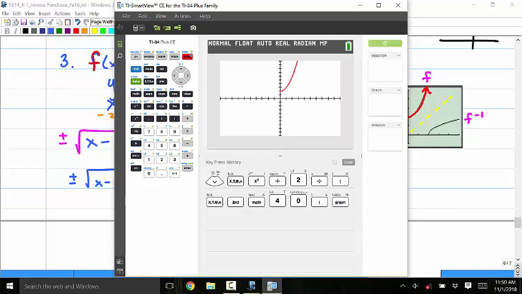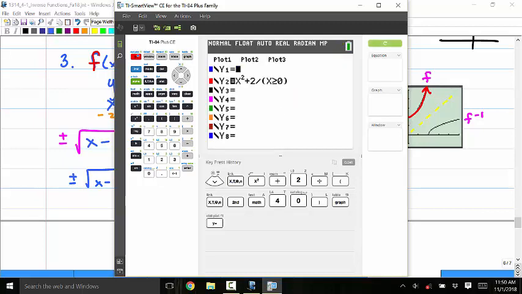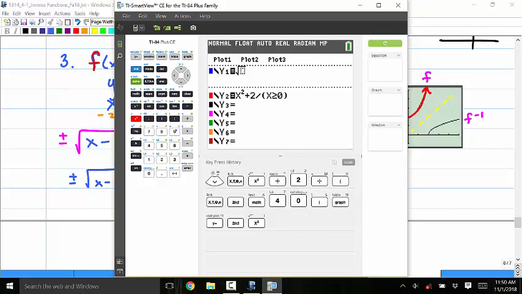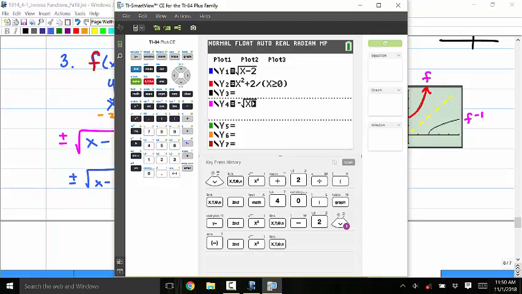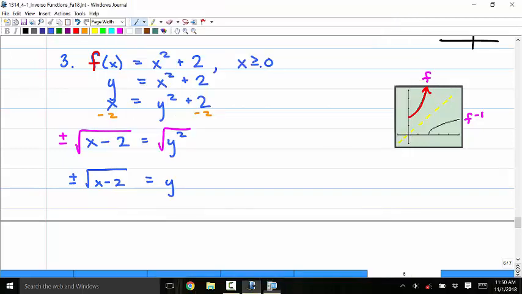Yep, that's what we wanted, right? So now back on your y equals, we want to go graph the square root of x minus 2, and we want to graph negative square root of x minus 2, because those are the 2 that we got right here, right?